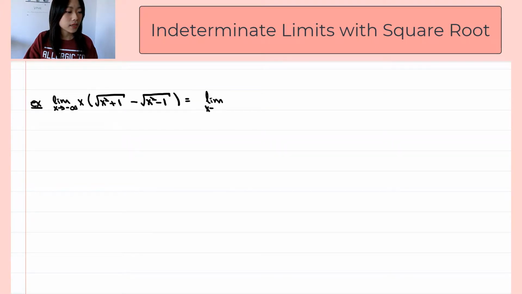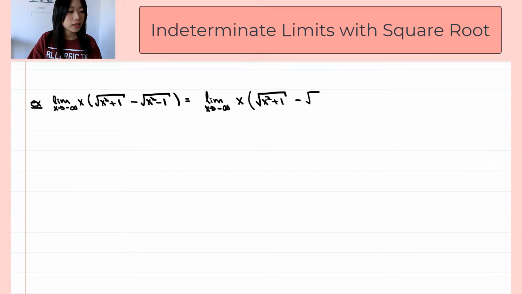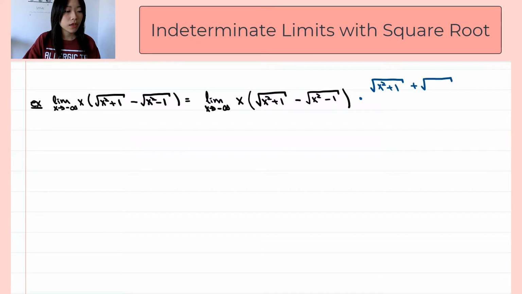Limit as x approaches negative infinity of x times (square root of x squared plus 1 minus square root of x squared minus 1). To complete the difference of squares, we are going to multiply by this term, but we are going to switch the minus sign to positive. So times (square root of x squared plus 1 plus square root of x squared minus 1). And we have to divide by the same term.